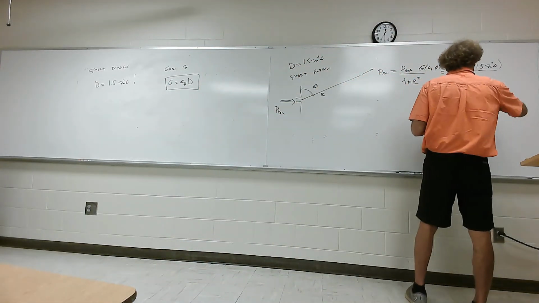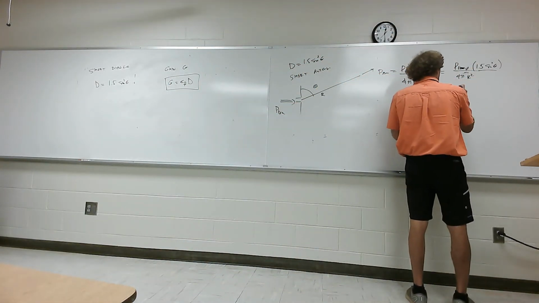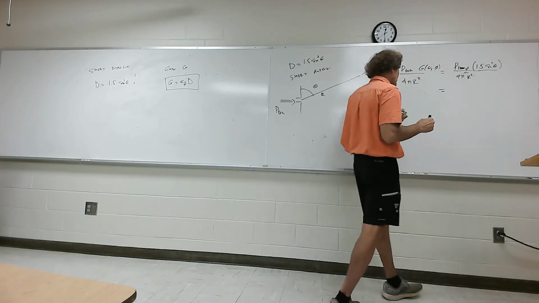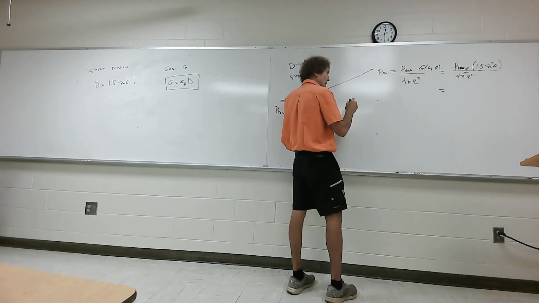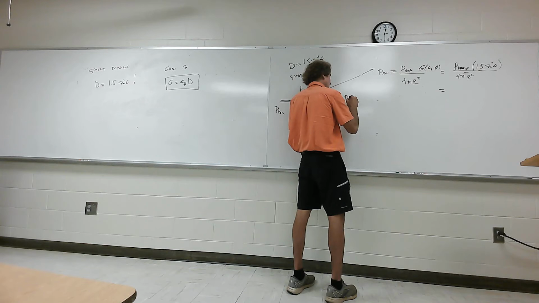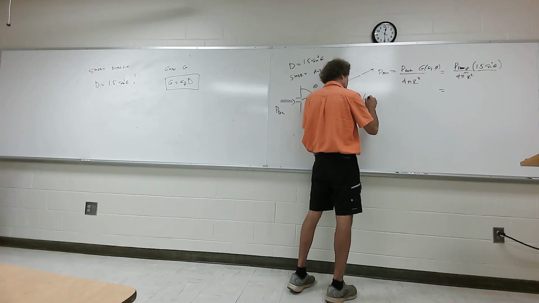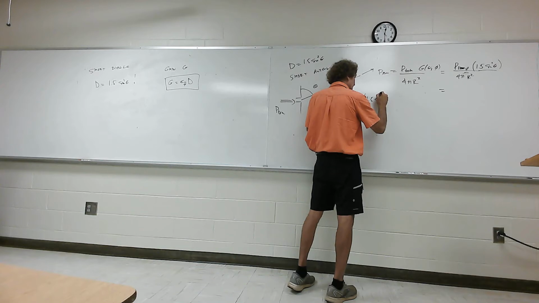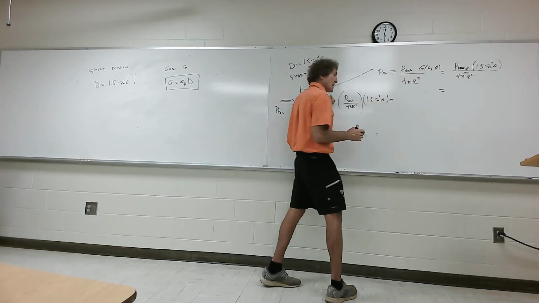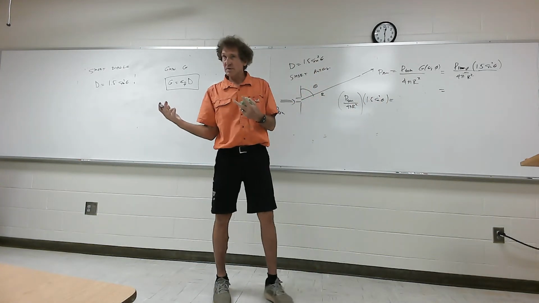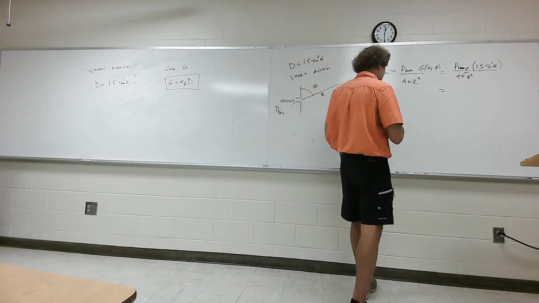I know I'm not supposed to write over there, so I won't. Alright, so that power density, let me go right here and do it. When I take P-tran over 4 pi r squared times the gain, and for a short dipole it's 1.5 times sine squared of theta, that's the power density. Well, what is the power density in terms of the E field?